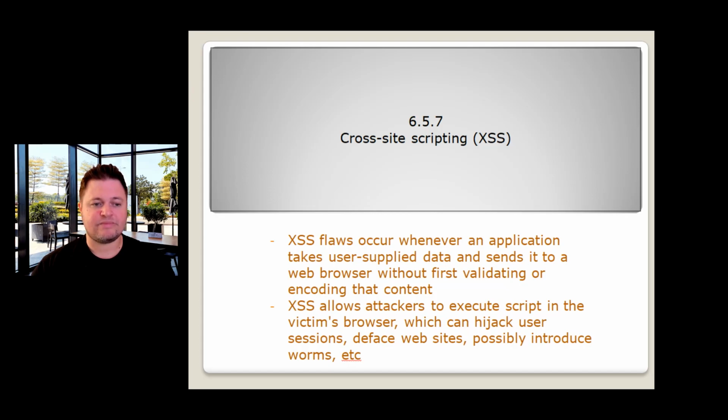How can I sum that up here? Whenever an application takes user-supplied data and sends it to a web browser without first validating. Technically it refers to, well, it's cross-site.